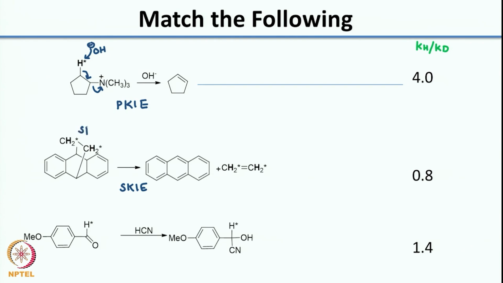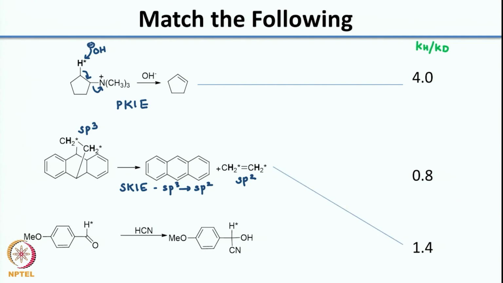It is sp3. And what is the hybridization in your product? It is sp2. So, the change that you have is sp3 to sp2, which is a normal secondary kinetic isotope effect. So, the value would be greater than 1, and so the correct answer would be 1.4.